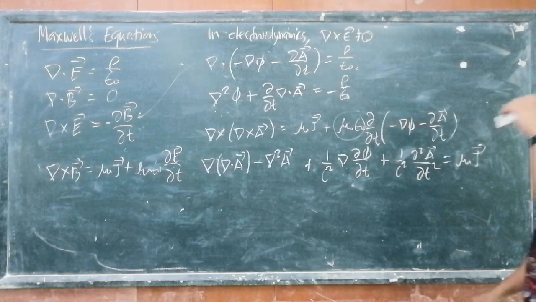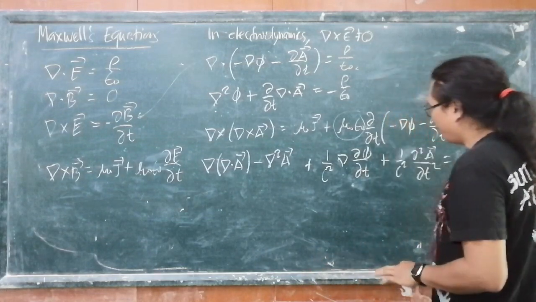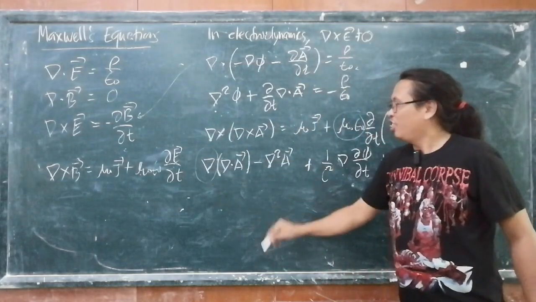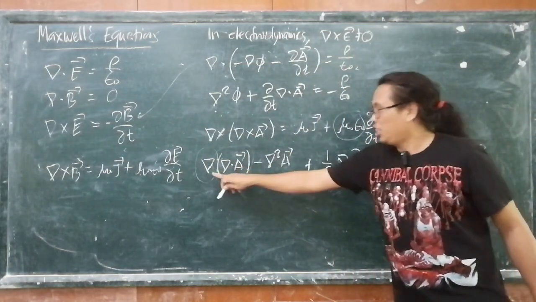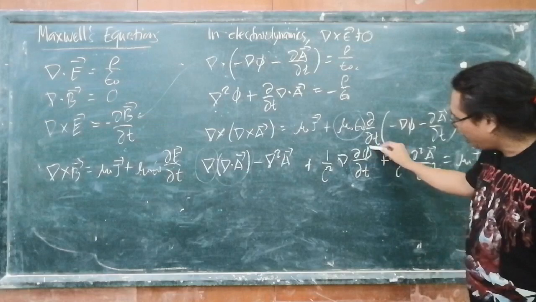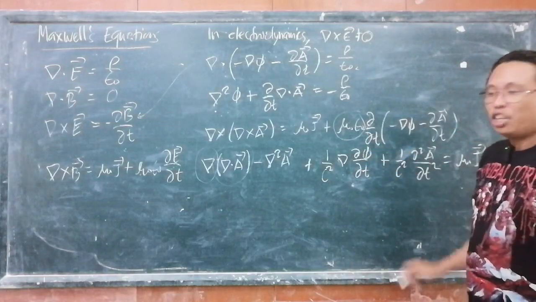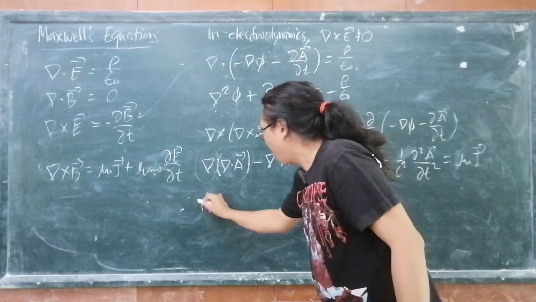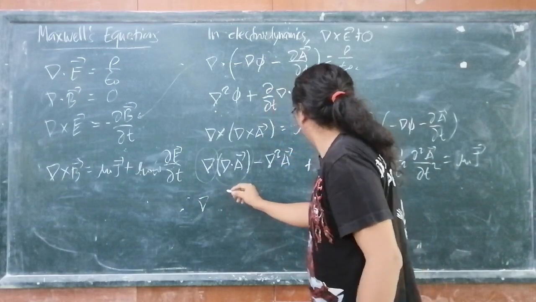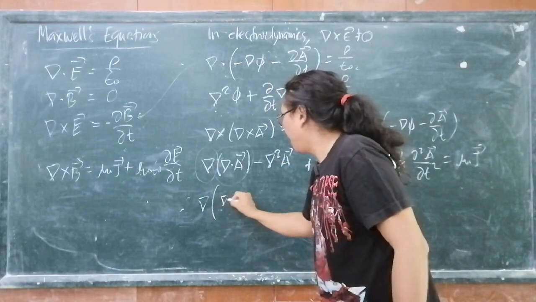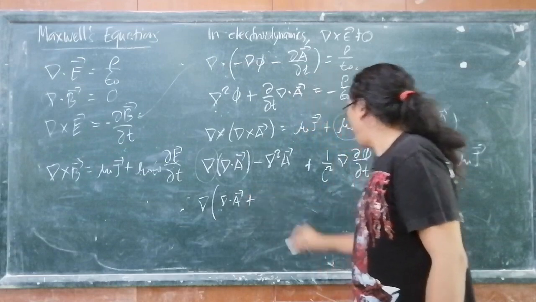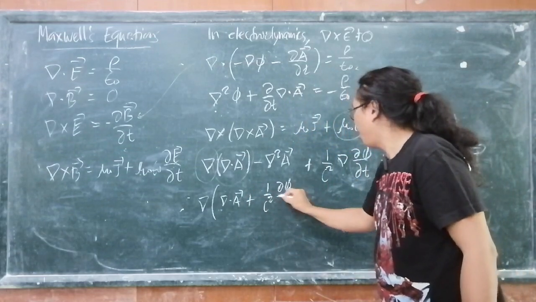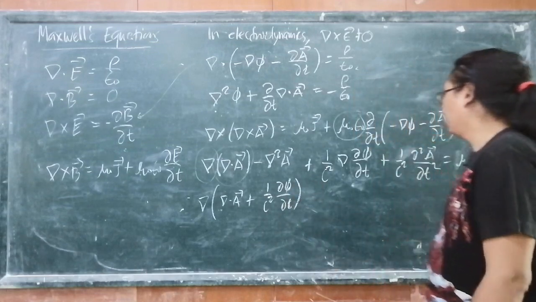Now, we can group similar terms, like this one as a del, this is a gradient. No, this is a scalar, right? So this is a gradient of a scalar. So we group this term, and what we get is del of del dot A plus 1 over c squared partial phi over partial t.